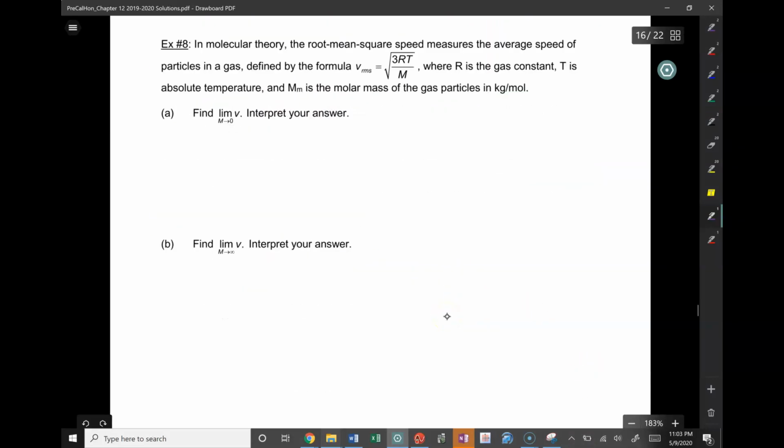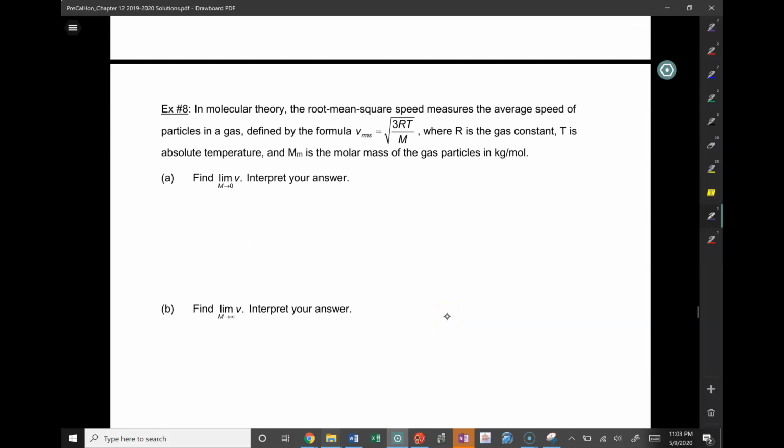Okay, let's move on. Here's another lovely formula from molecular theory. In molecular theory, the root mean squared speed measures the average speed of particles in a gas, defined by this formula. Yes, this comes from PV equals nRT, right?